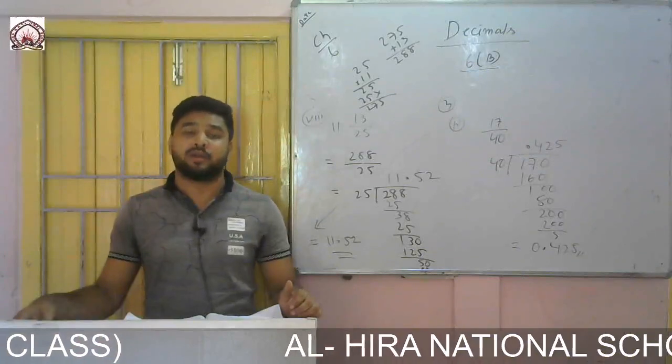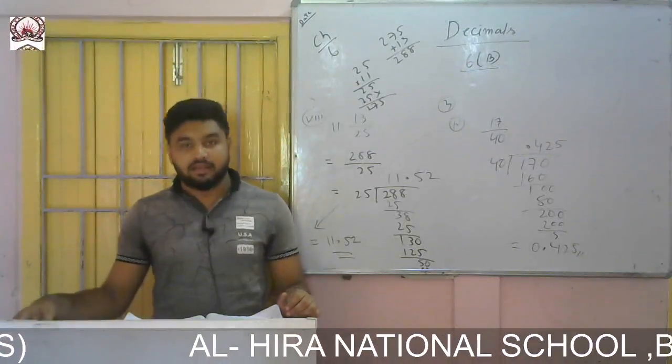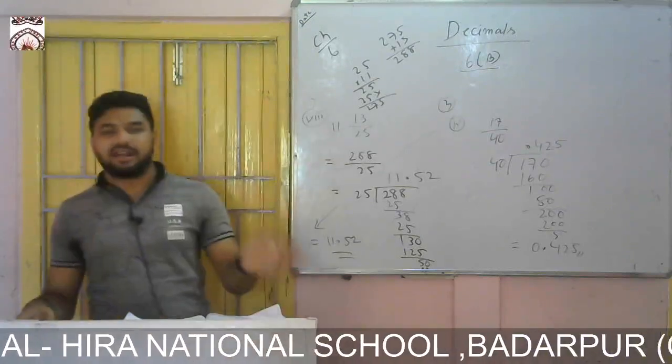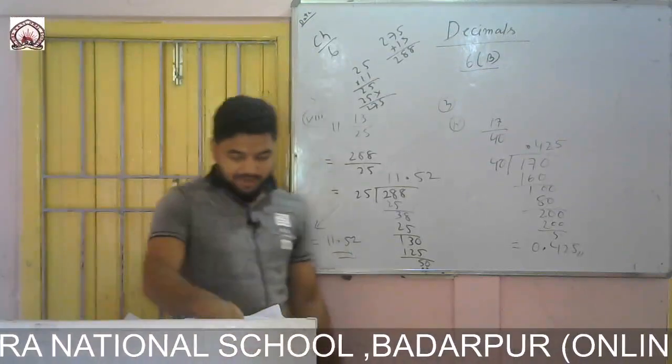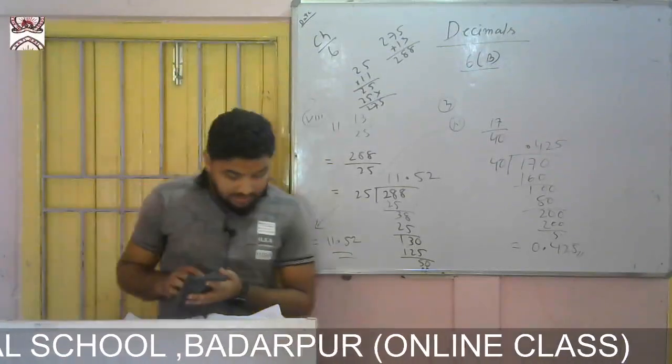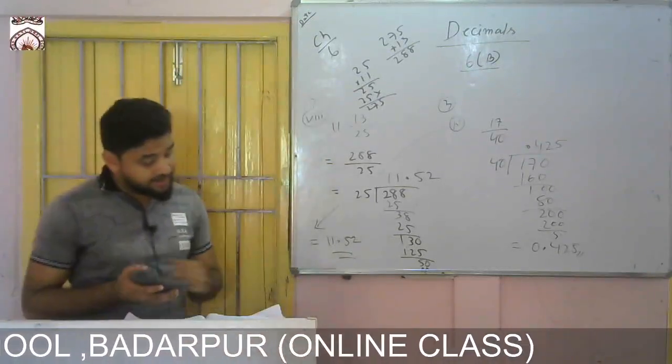First you have to make the denominator a multiple of 10. Then you divide.